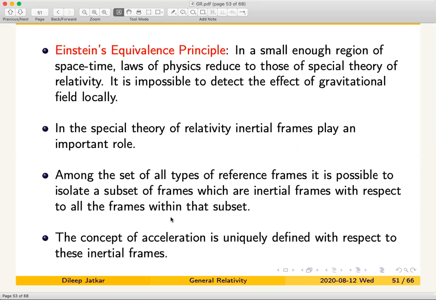Constant velocity is equivalent to Lorentz boost. Yes, but that definition only defines the relation between inertial frames, right? If you find one inertial frame, then using that definition we can find other inertial frames. There is nothing called one inertial frame. You choose one frame, and with respect to that frame you define all possible inertial frames by doing Lorentz transformations.